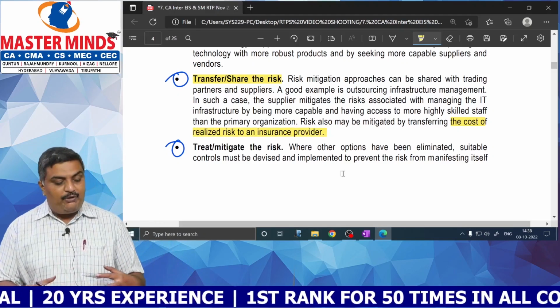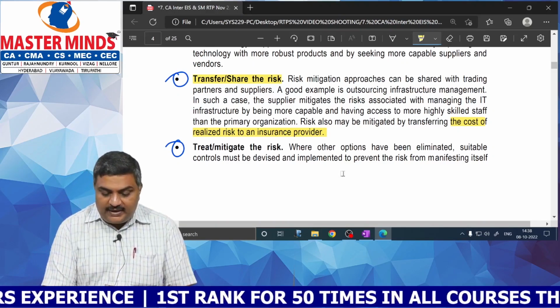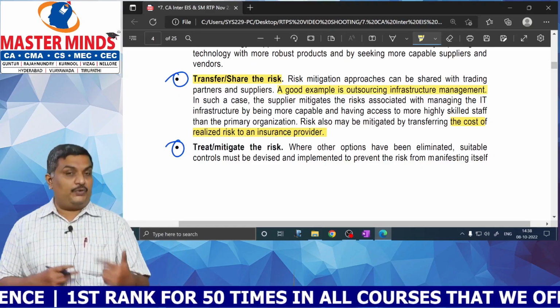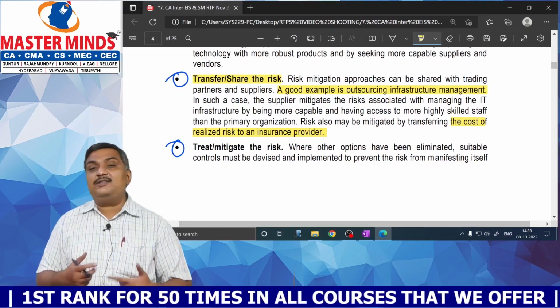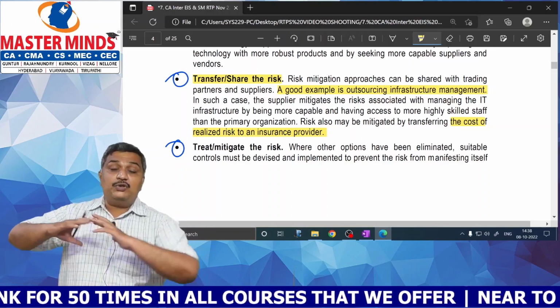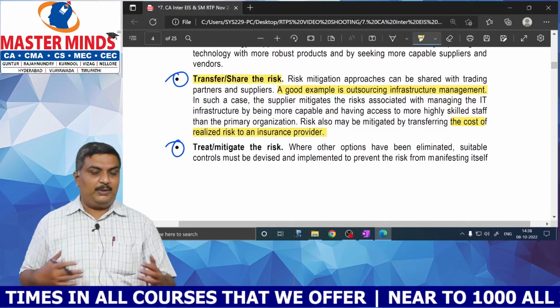This is one way of transferring or sharing the risk. Another good example for transferring or sharing the risk with others is outsourcing. So rather than doing things on your own, today a lot of avenues are available. So if you can outsource the things to maximum extent, you can transfer or share risk with others.